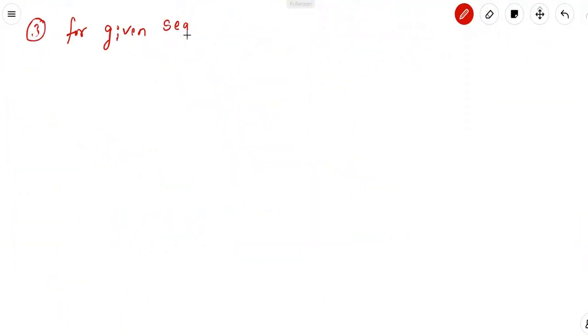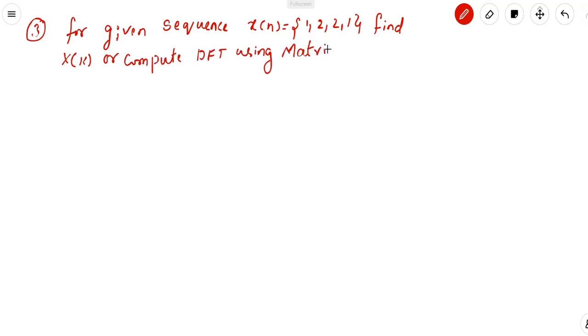For a given sequence x of n is equal to 1, 2, 2, 1. Find x of k or compute DFT using matrix method.